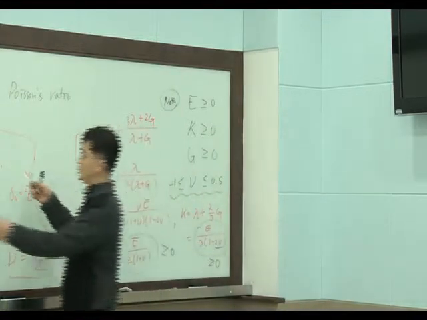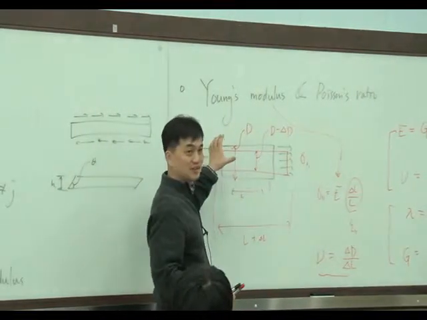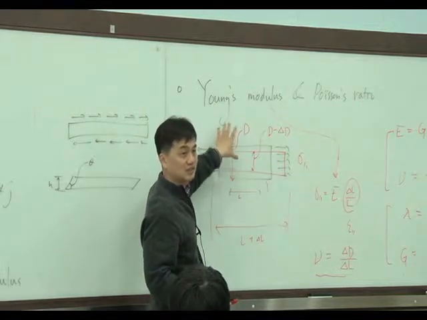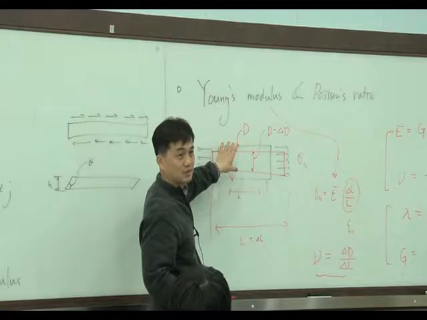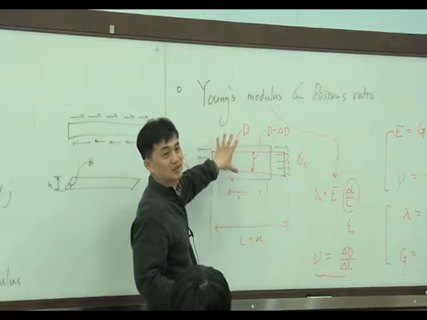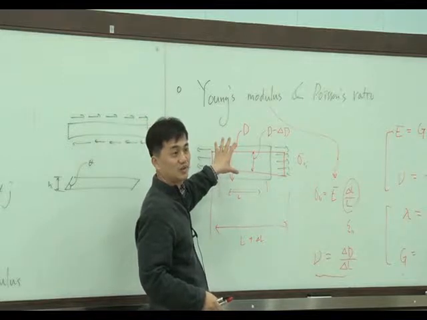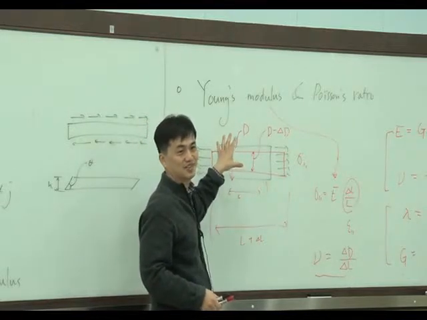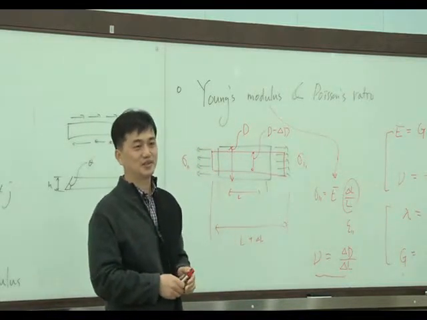And yeah, this is a little funny, negative Poisson ratio. So you pull this bar in this direction, then physically in the other transverse direction, it should contract, right? But it expands. Yeah, we have that kind of material. Some research found that kind of material. So it's kind of a metamaterial.